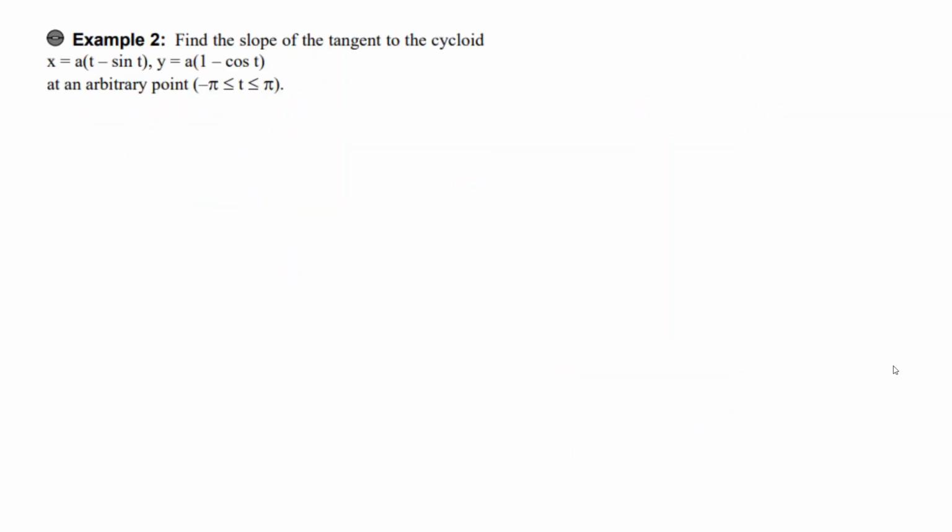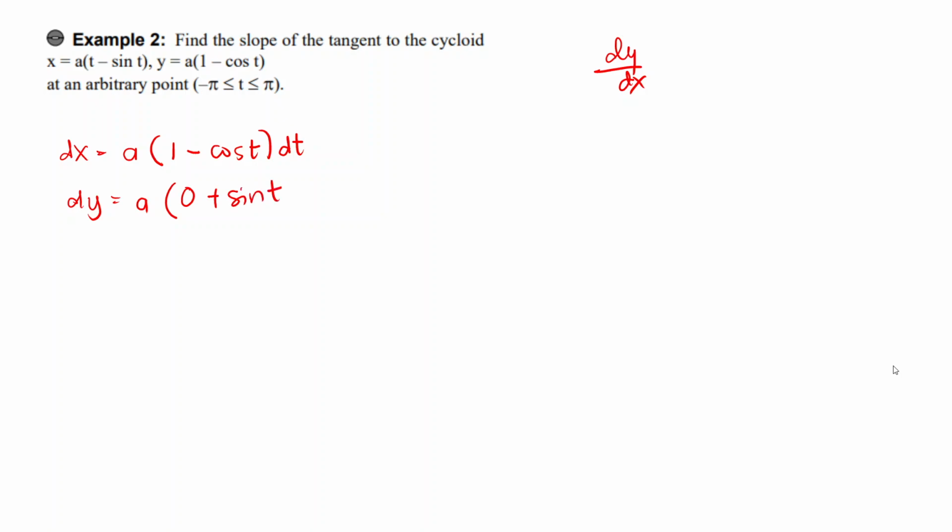Next, here we need to find the slope of the tangent to the cycloid. So you have x and y, right? The slope of the tangent is dy over dx. So let's first derive x. dx is equal to a times 1 minus cosine t dt. dy is a times 0 minus negative sine t, so positive sine t dt.